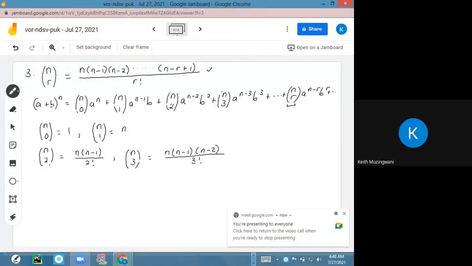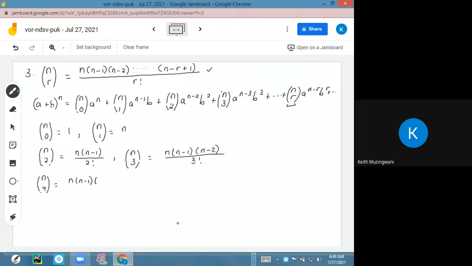What this means is that if we do n choose 4, what will come out is n(n minus 1)(n minus 2)(n minus 3) over 4 factorial.